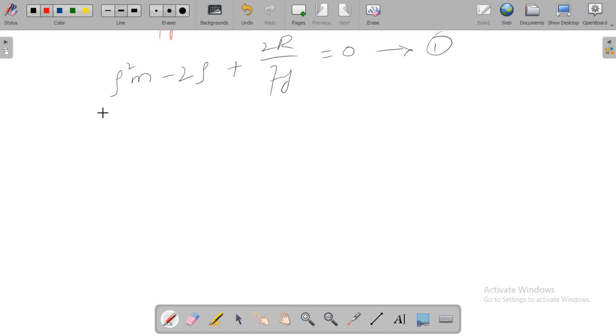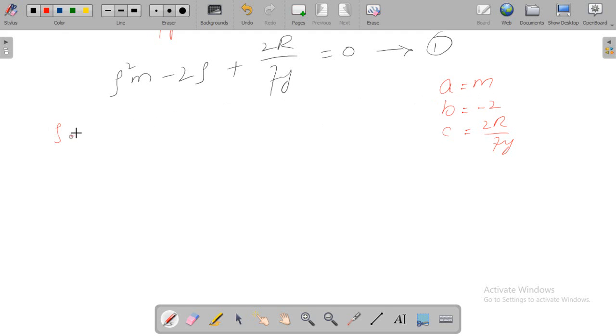Here we have A equals M, because we are using the quadratic formula, B we have minus 2 and C we have 2R divided by Fy. We know the quadratic formula. We just plug these values into the quadratic formula.